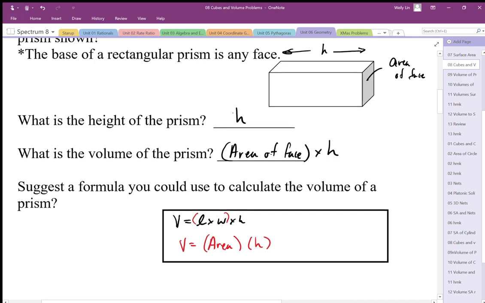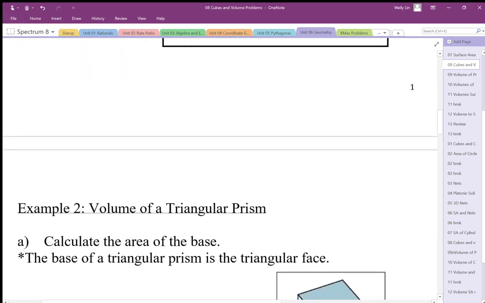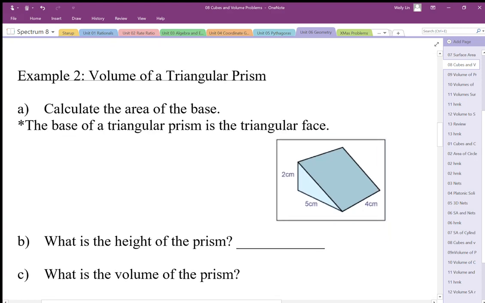So if we want to calculate the volume of a triangular prism, well, any prism is a shape that when we slice it, every slice's cross-sectional area is going to have the same shape and the same area. If I slice it in this way, we get all triangular faces. So what we can do then is say that this represents the height.